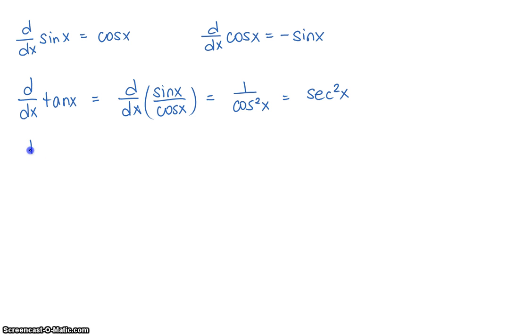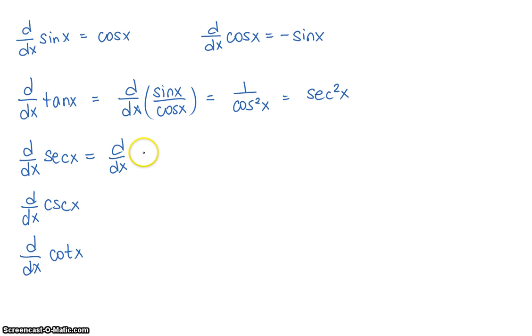If we also look at all the remaining functions, cosecant, secant, and cotangent, we can also find them just by using their identities. All of these are based on the fact that secant can be written as the derivative with respect to x of 1 over cos of x.